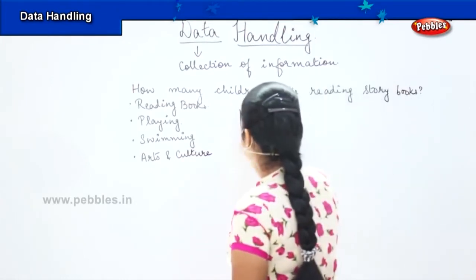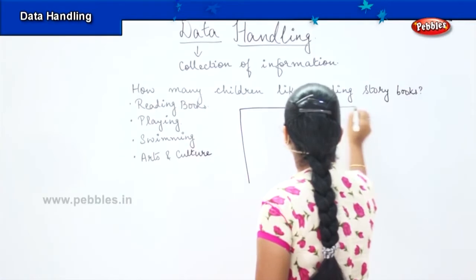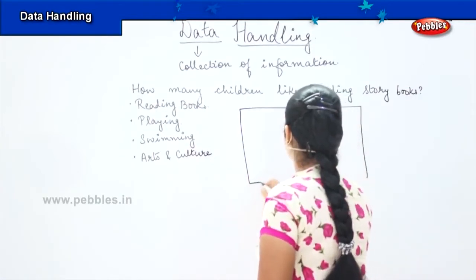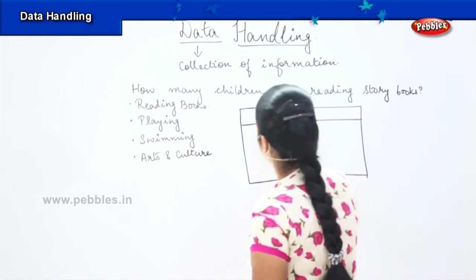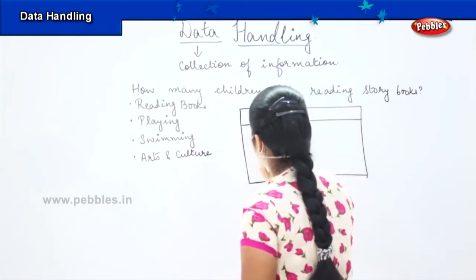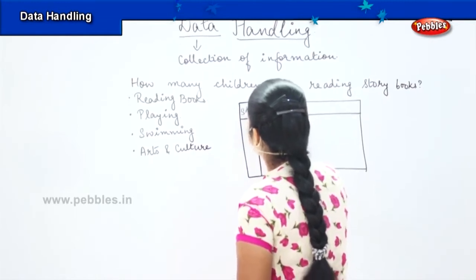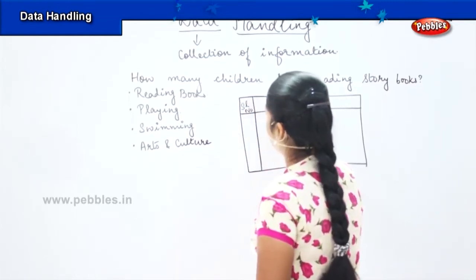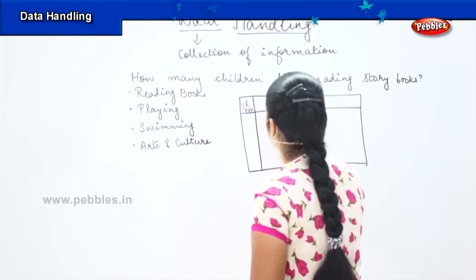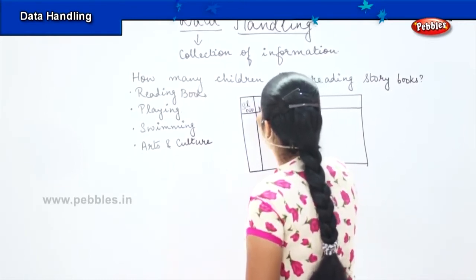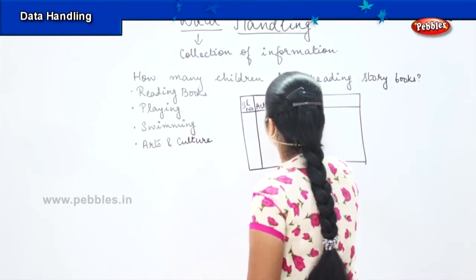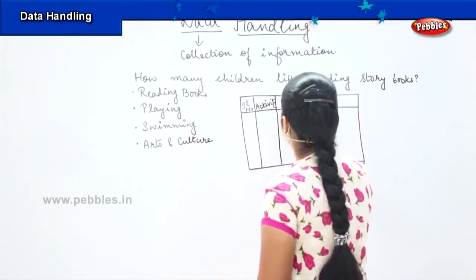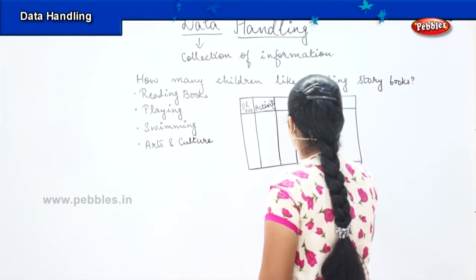So now first I will be drawing a table. Then I will be giving a subheading. Here it will be my serial number. Here it will be the activities which are being preferred. And here there are 4 divisions of classes.